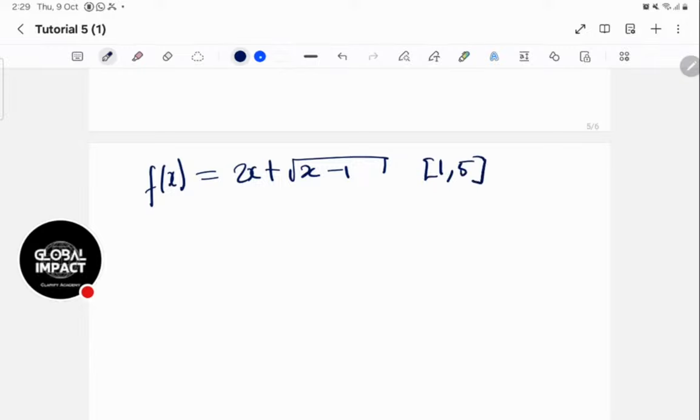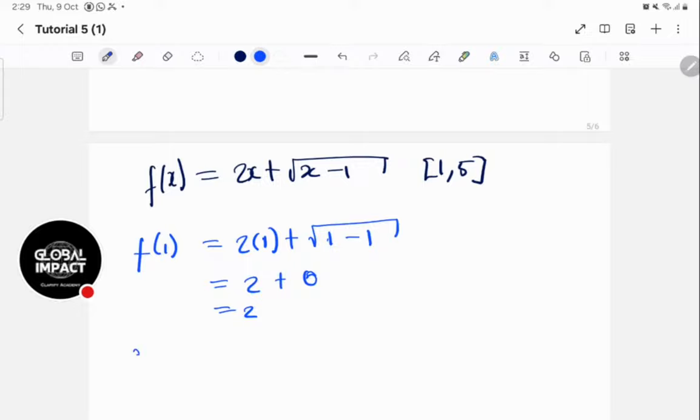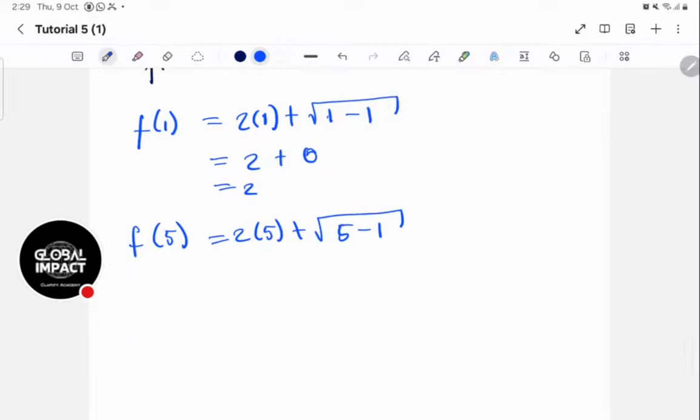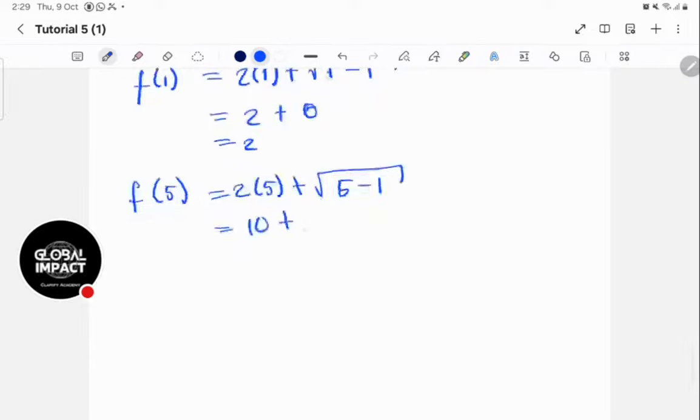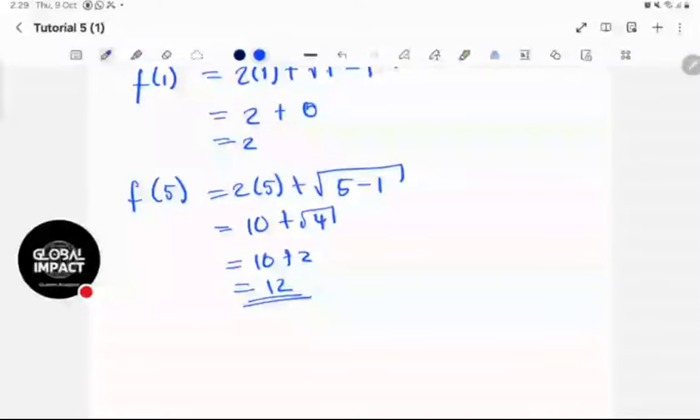That is where we are proving this small thing. Find f of 1: this is 2 times 1 plus the square root of 1 minus 1, which is 2 plus 0, which is just 2. Find f of 5: this is 2 times 5 plus the square root of 5 minus 1, which is equal to 10 plus.